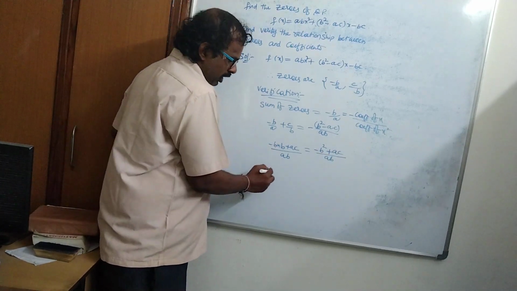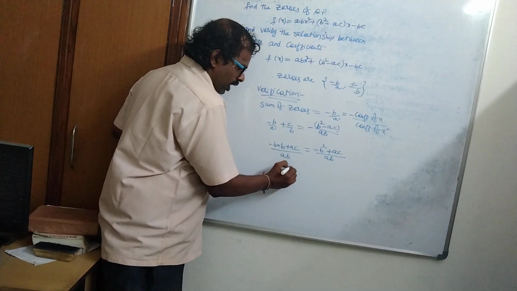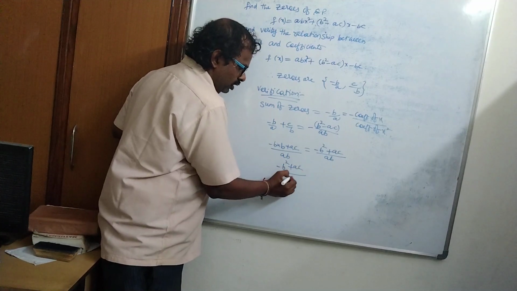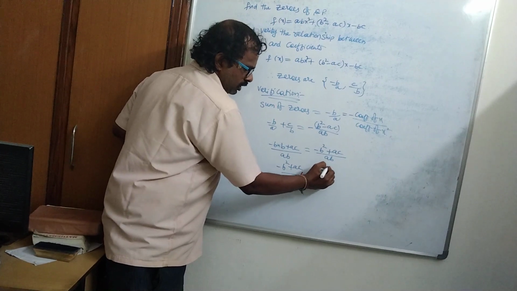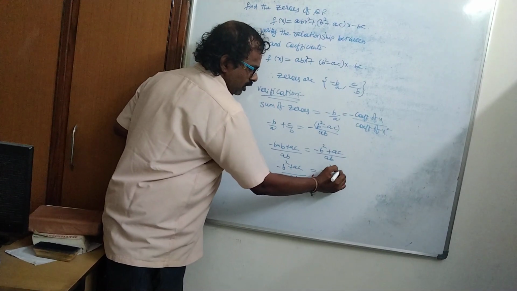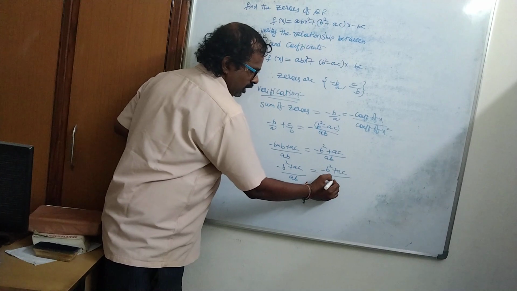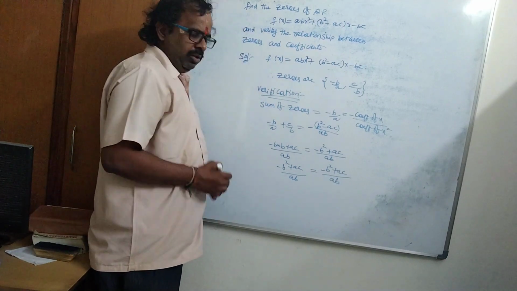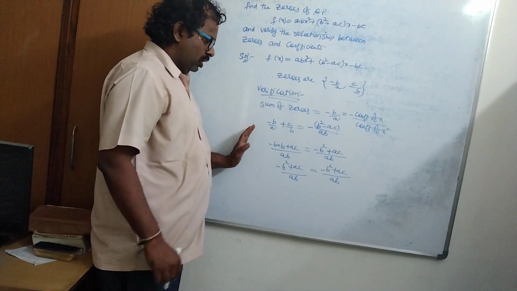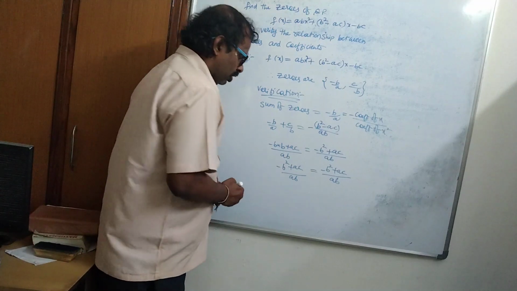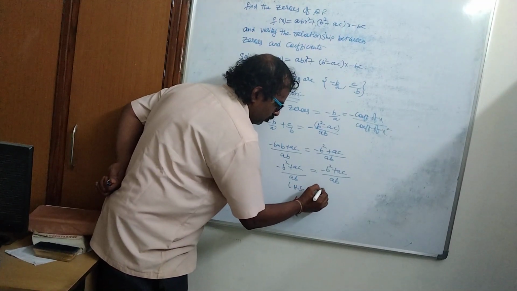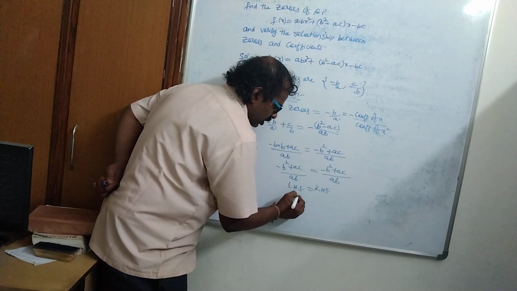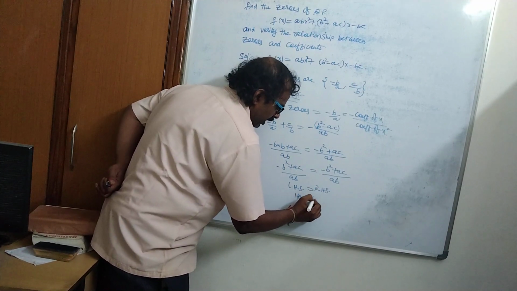So minus b into b will be minus b square plus ac by ab, which is equal to minus b square plus ac by ab. So the sum of zeros is verified. LHS is equal to RHS, hence verified.